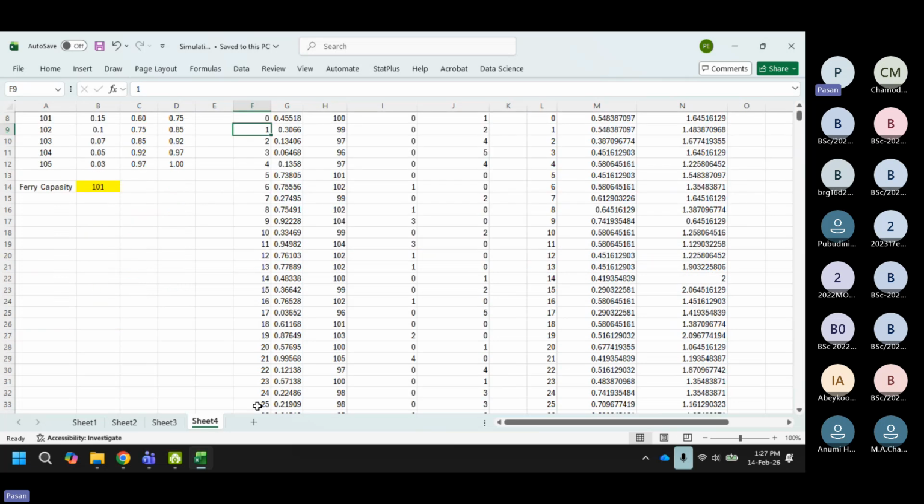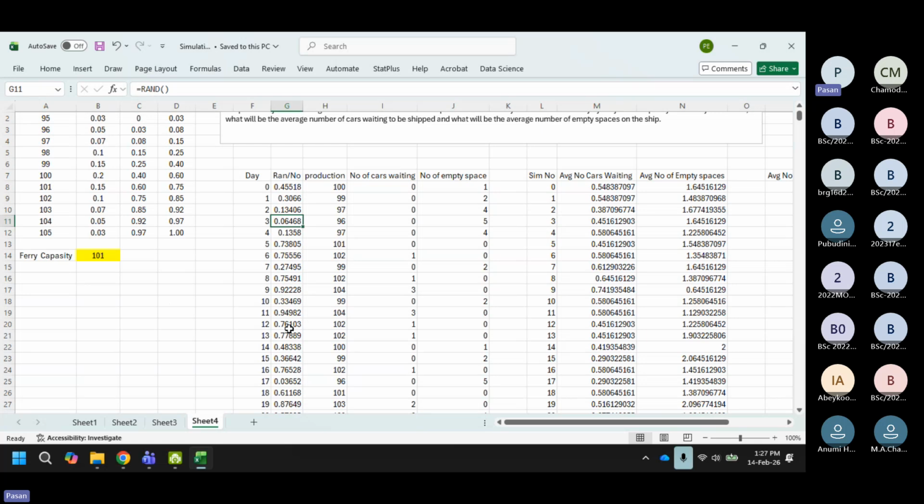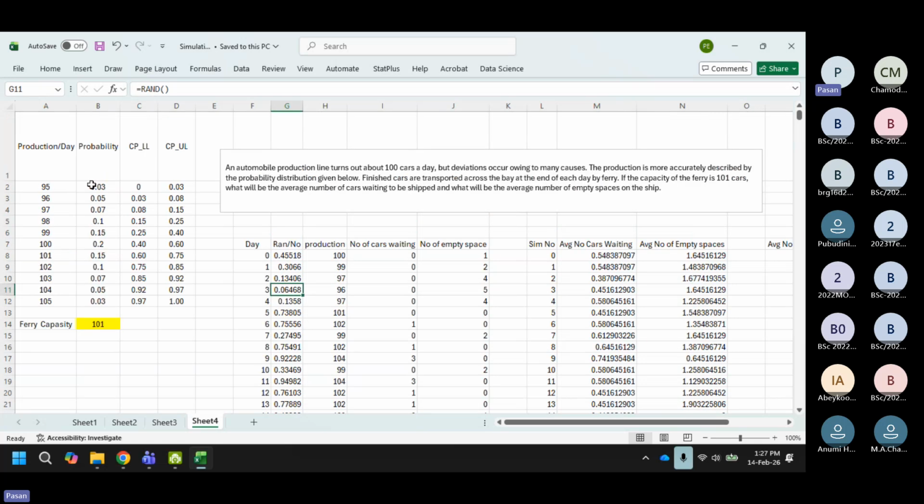So I generated the 30 days here, and I just have the random number there. We could use the truncate function as well, but I didn't use it here, I just used the RAND function. It generates a random number between 0 and 1 that I can use as a probability.